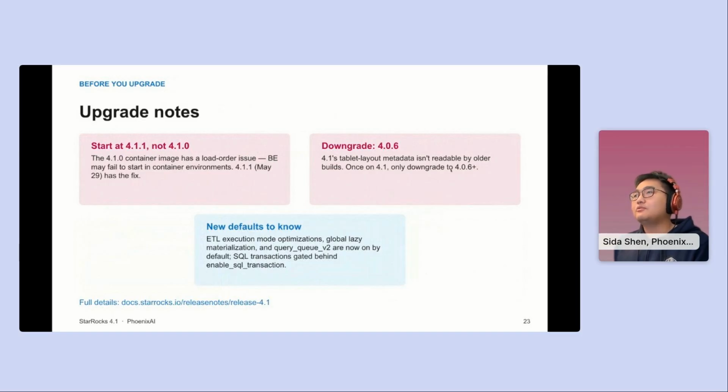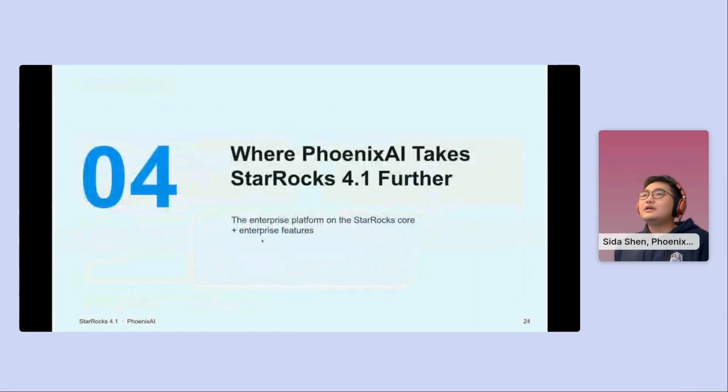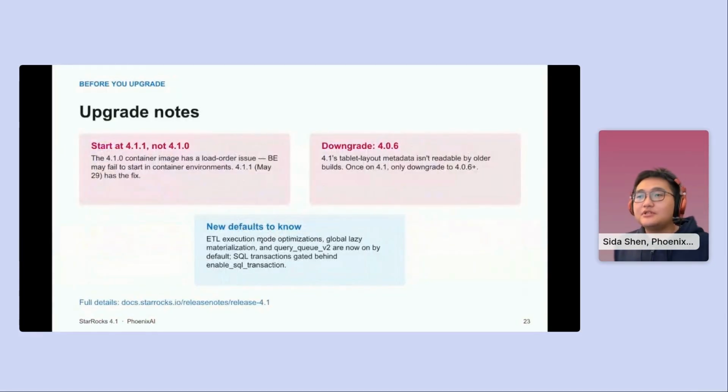So if you're on 4.1, you can only downgrade down to 4.0.6 plus. And some of the new defaults you have to know, right? Some of the parameters are on by default now. So take a look at the full detail at docs.starrocks.io release note, release 4.1. Take a look at there, right? And this is all the features I wanted to highlight for the StarRocks 4.1 release.